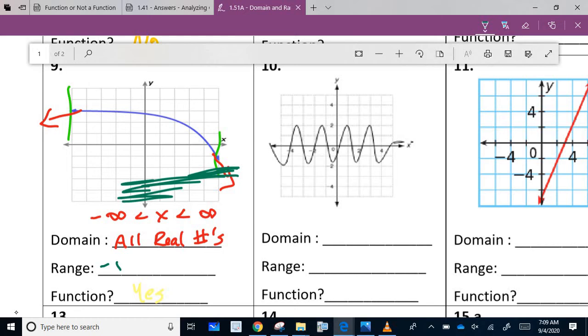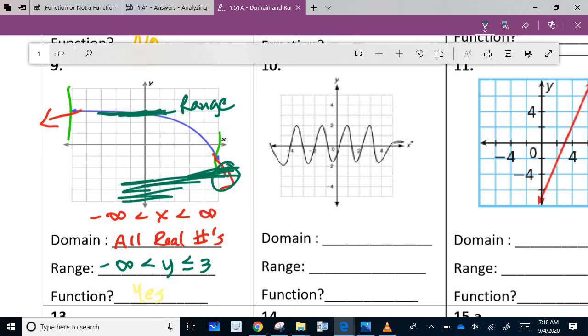The lowest point is negative infinity, less than, and we're looking at the y-axis. However, the highest point does have a definite stopping point. And remember, we're looking at the range. So I can say it does definitely stop at 3. So the range right here is negative infinity less than y less than or equal to 3, because this part goes on and on forever.